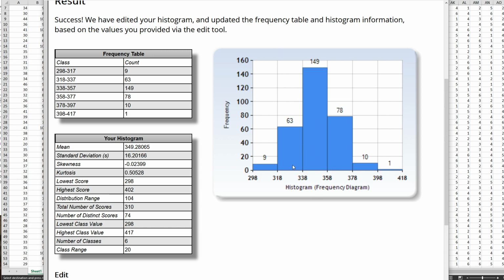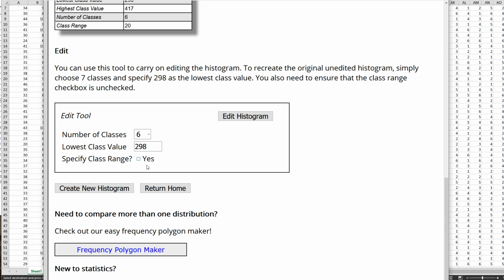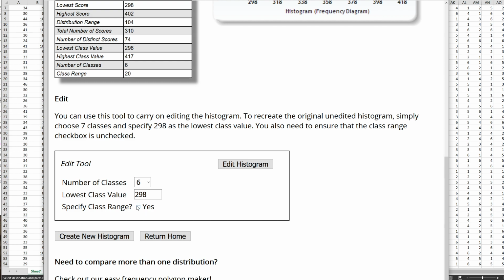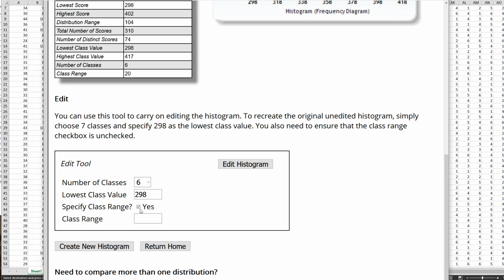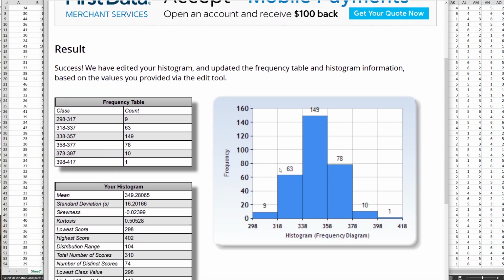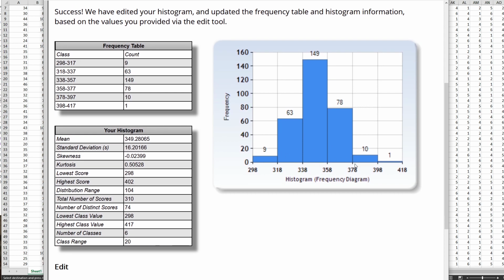Now again, those are just generated on our possibility. We could specify class ranges and whatnot. So there's some things we could do, but just sheer generation of a very simple histogram. See what we're getting?